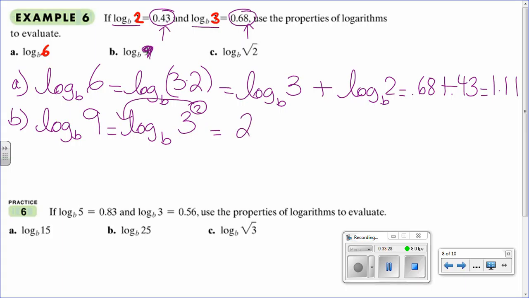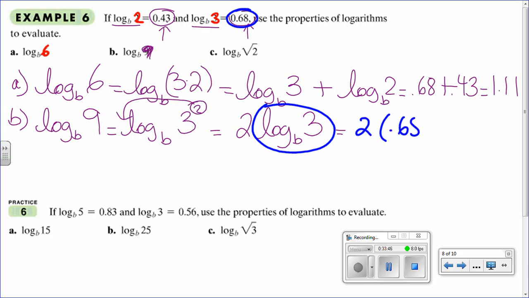So that will be 2 times the log base b of 3. And so we do have a number that is equivalent to that, right? It's 0.68 right here. So that will be 2 times 0.68. And that will give me 1.36.